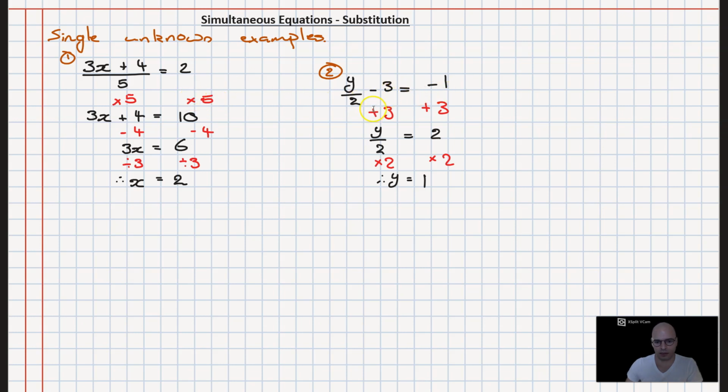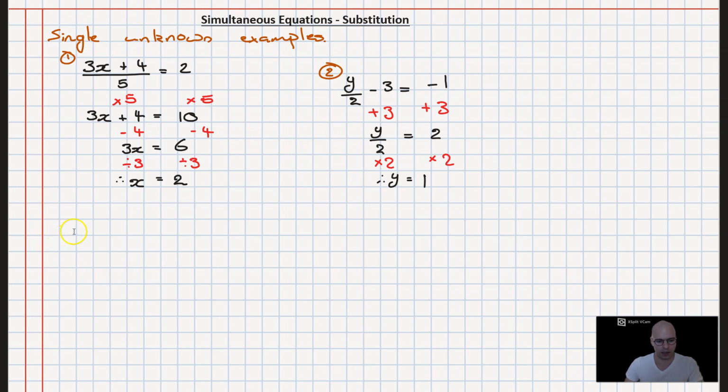In both of these equations there's a singular unknown and they're linear equations as well, in that we can rearrange both of these equations such that each of the unknowns has a definitive value. So in the first case x is equal to 2 and always equal to 2, and y is equal to 1 and y is always equal to 1. These equations are not related to one another and thus they do not impact each other.